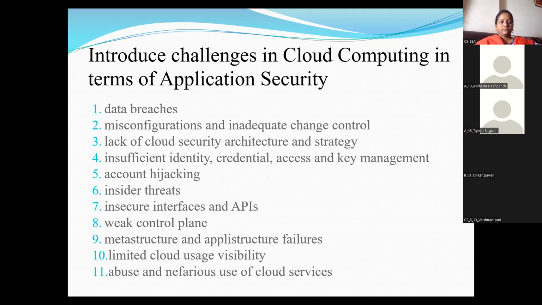Okay, then insider threats. The risks associated with the employees and others working within the organization's network are not limited to the cloud only.